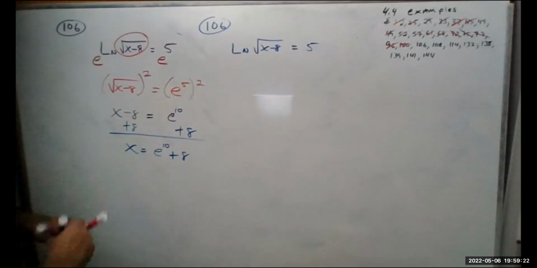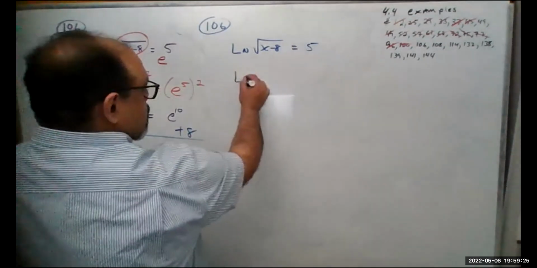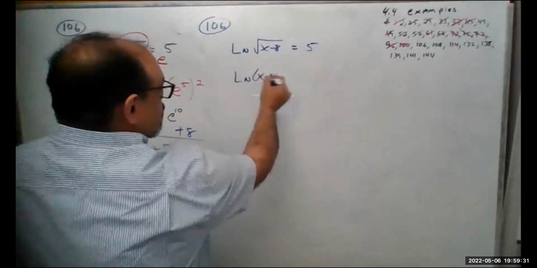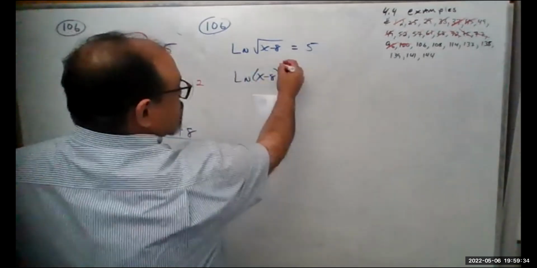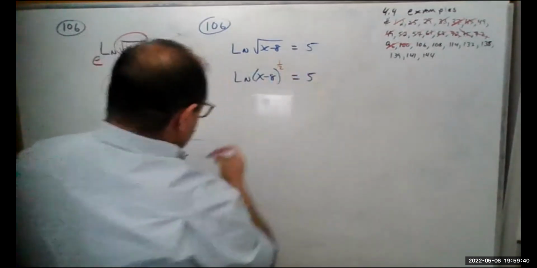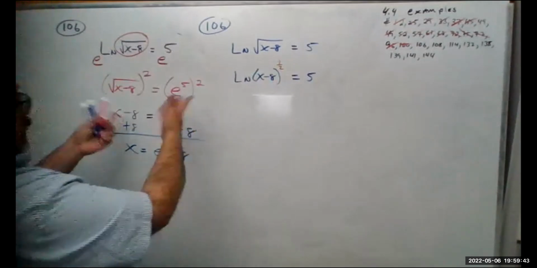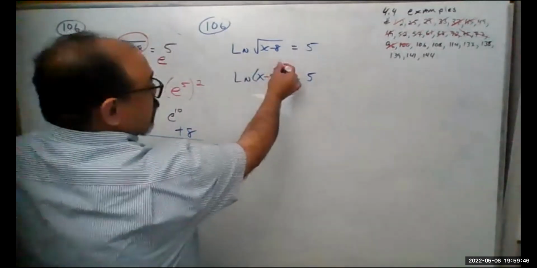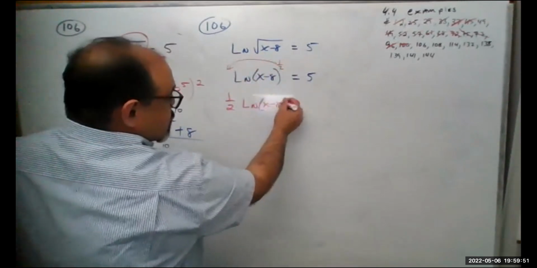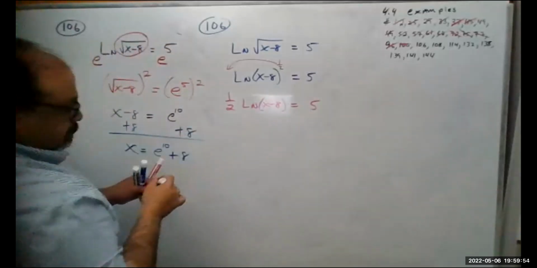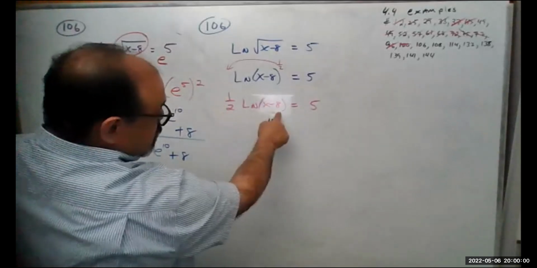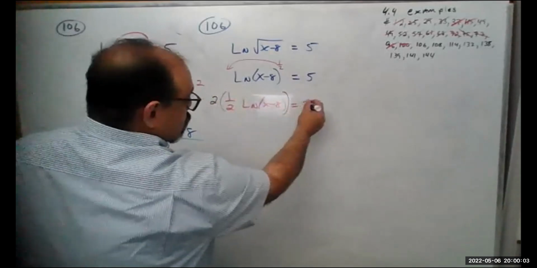From this perspective, same question, but the square root of x minus 8 can be written as an exponent. It's a 1/2 power. Which means if you don't want to deal with square roots, you don't have to. We can bring this down in front, and it's 1/2 times the natural log of x minus 8. Because of the 1/2, you multiply both sides by 2.